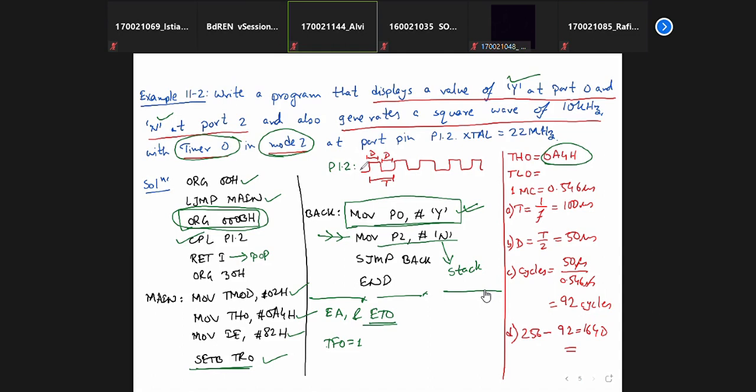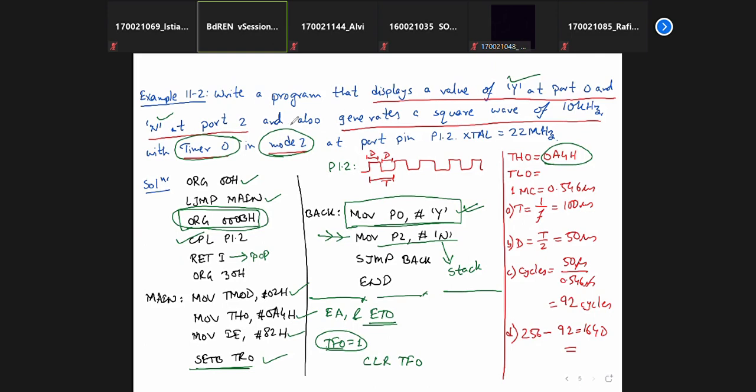Now I was expecting another question, and that question would have been raised if you read chapter 9 properly. If you remember chapter 9, whenever TF0 became 1, we manually made sure that TF0 becomes 0 once again, because in mode 2, this is 8-bit auto reload.